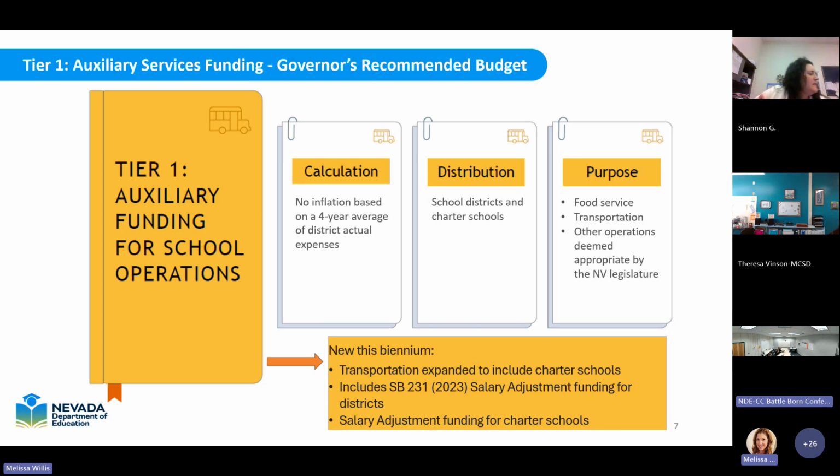But again, this would need to be passed through legislation and then be part of our allocation that we receive for the fiscal year 26 and 27 biennium. So I just wanted to show that this would be a change to the model if it were passed. And of course, all of us have fingers crossed for that to happen.